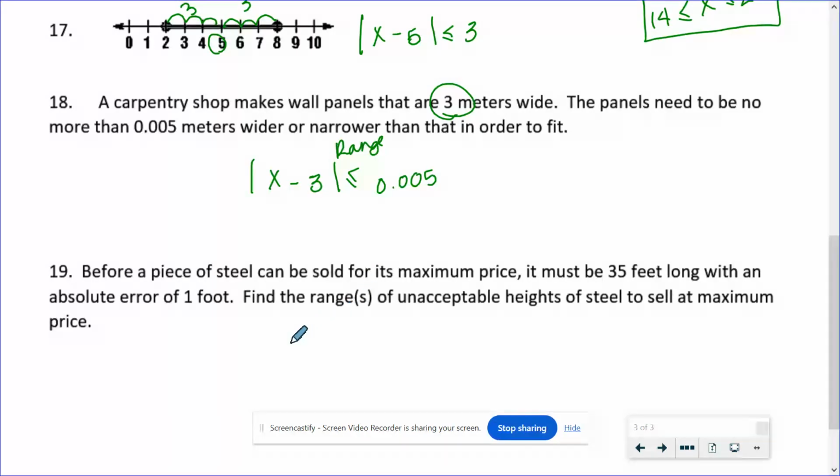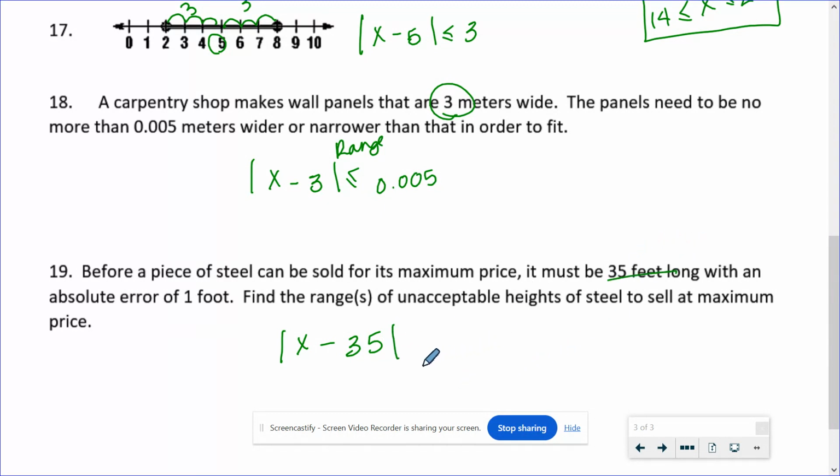Now, last but not least, before a piece of steel can be sold for its maximum price, it must be 35 feet long with an absolute error of 1 foot. The range or ranges of unacceptable heights of steel to sell at maximum price. So x minus the midpoint, which is the 35 feet long.